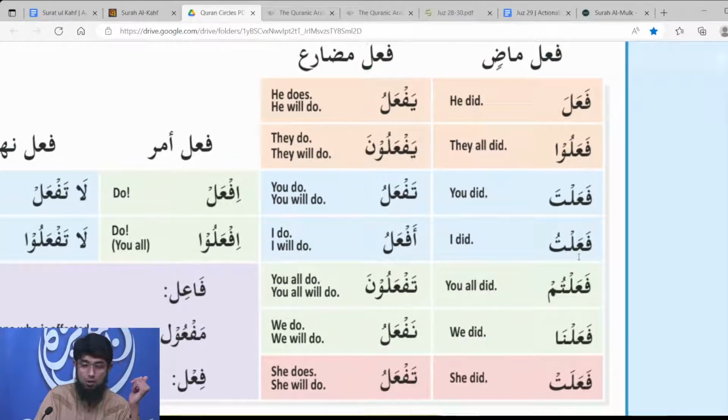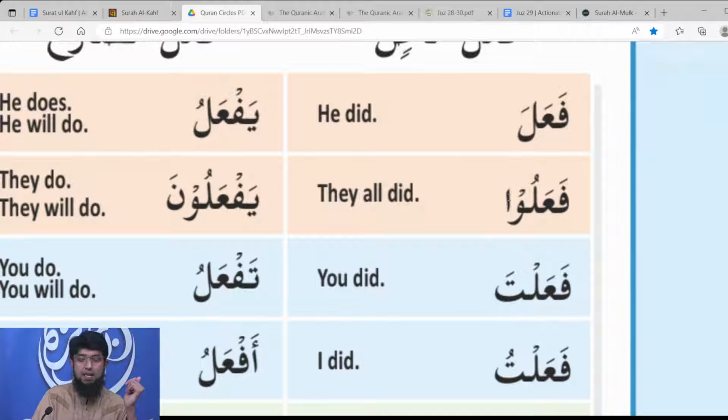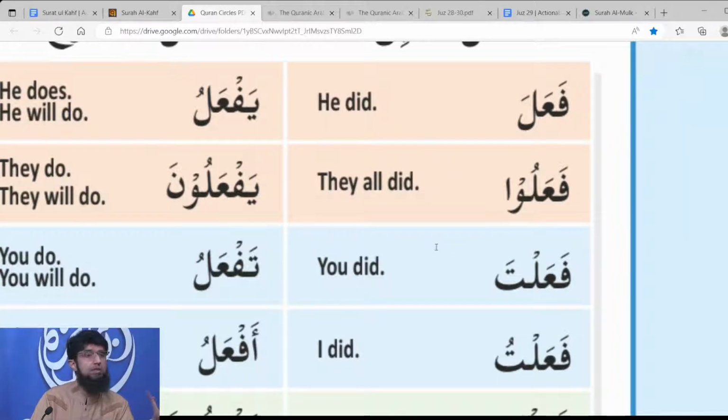Okay, if you focus on the past tense, what you're seeing is that it will start with the fa, the first root letter. At the end, you will have the suffixes or letters that will tell you who is the doer from a pronoun perspective. In this case, fa'ala, who is the doer?